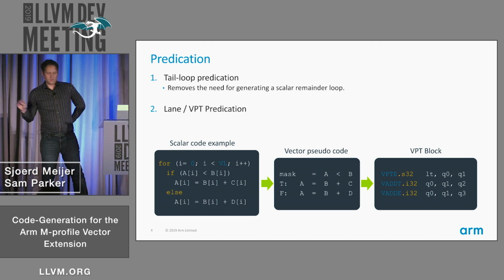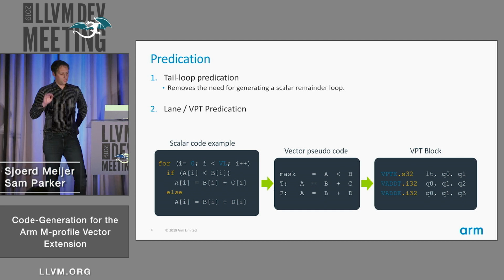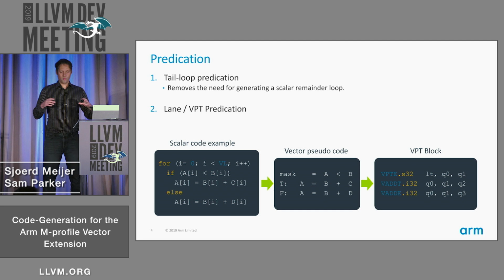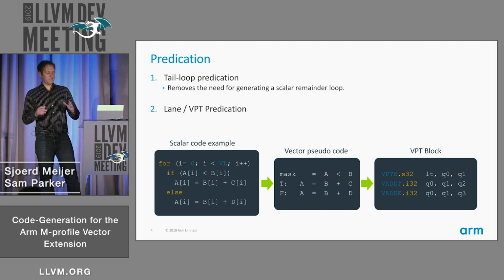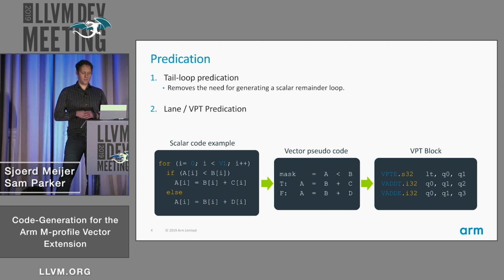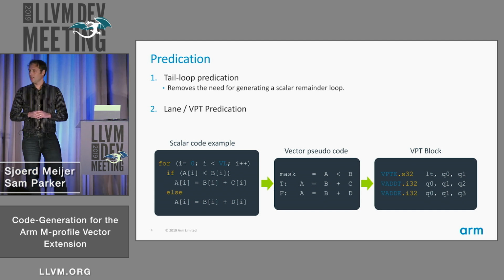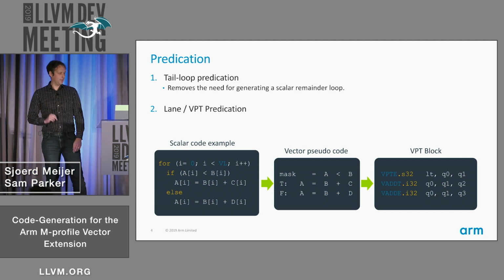Ignore the syntax, it's not important. But this is now what we call a VPT block, or lane predicated: this mask generates active and inactive lanes that are consumed by the next instructions. The first instruction generates this mask, and there can be up to 4 instructions using that to select lanes.